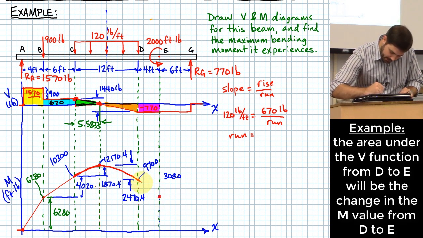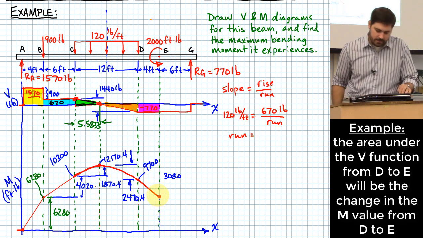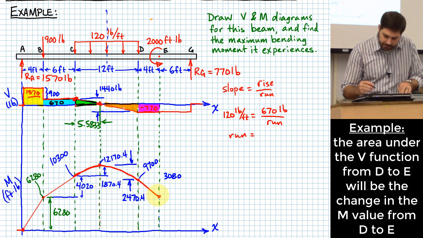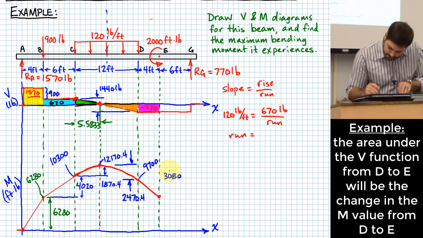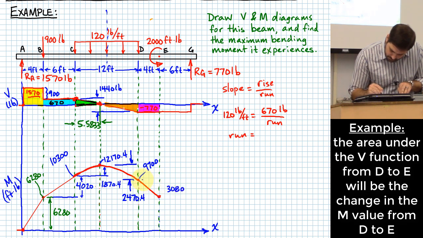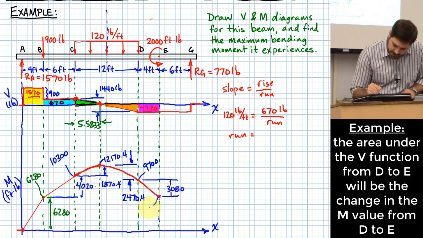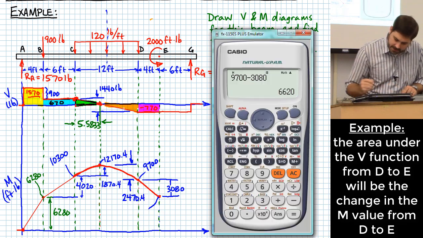This will be a straight line in that segment. The difference there is that 3,080, and the value right here at this point is that 6,620.